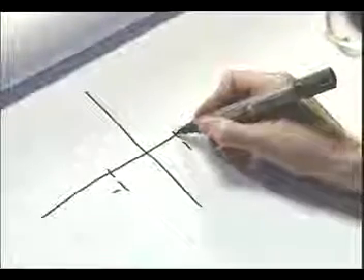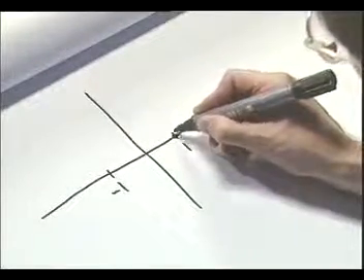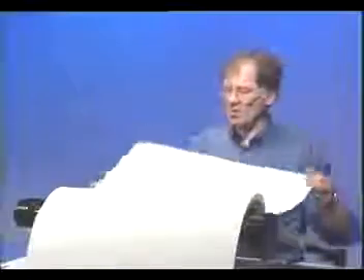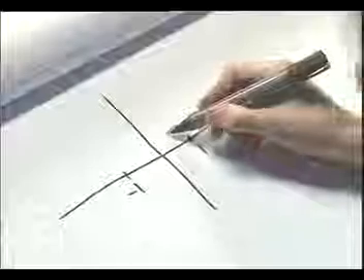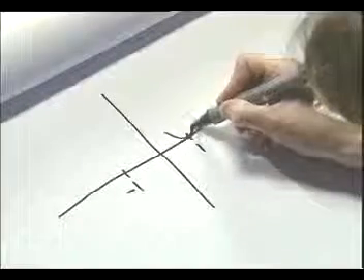So 1 and minus 1 were our 2 important values of x. And we know that 1, 0 was one of our turning points. And if we just go back, we know that 1, 0 was a minimum turning point. So we know that at this point the curve looks like that.